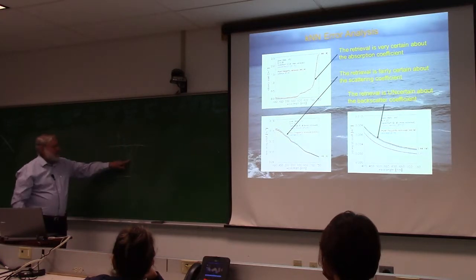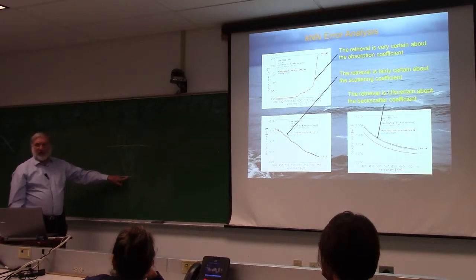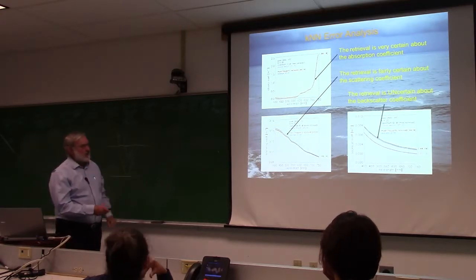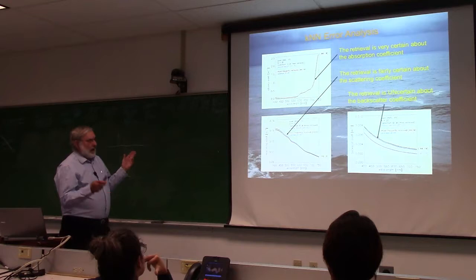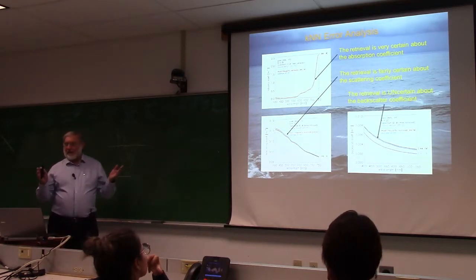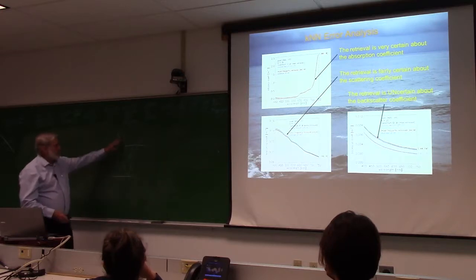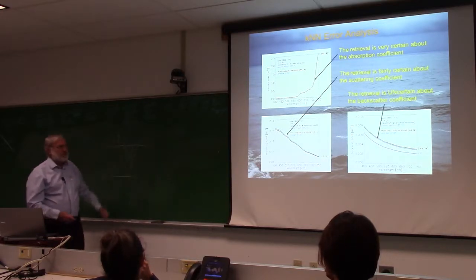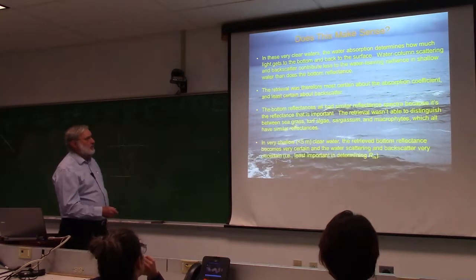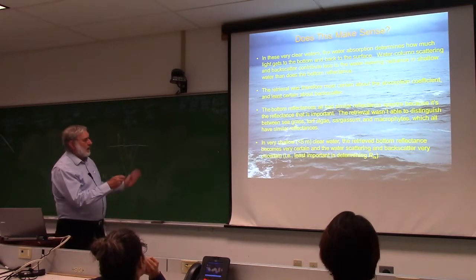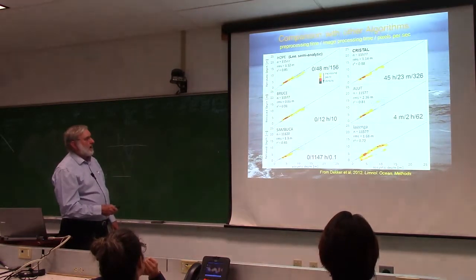Well, that backscattering is almost negligible compared to the bottom reflectance. So what it's telling you here is I just don't have much idea about the backscatter coefficient. It's just not important enough to really affect the water leaving radiance. So that makes sense.